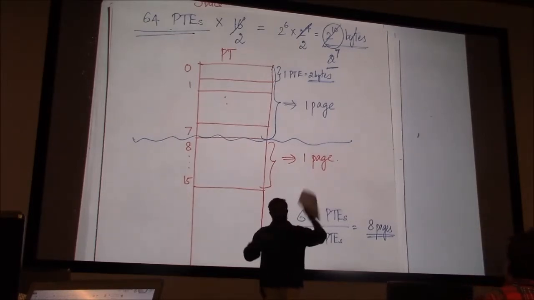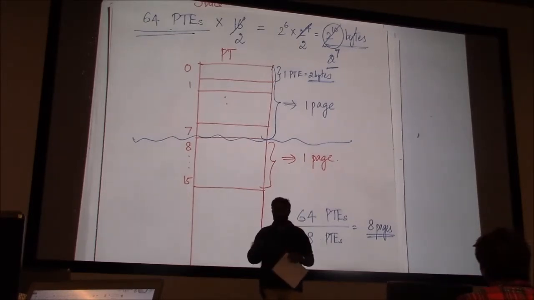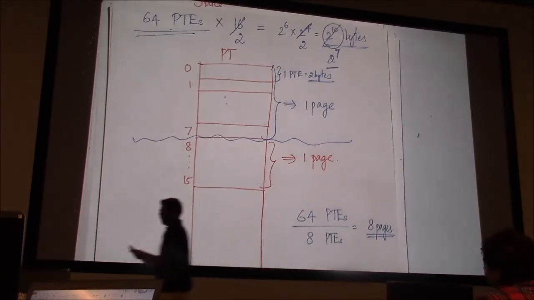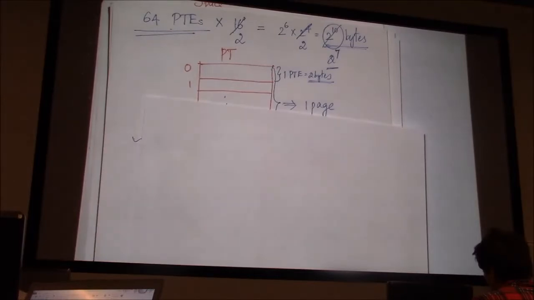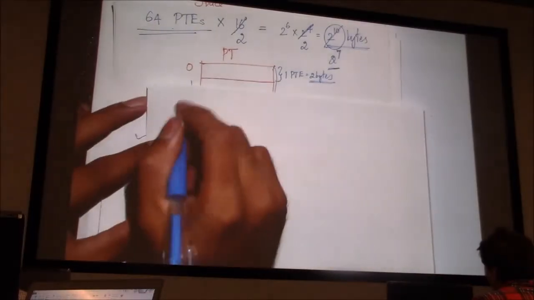We can just split it anywhere that we want. Does it make sense?